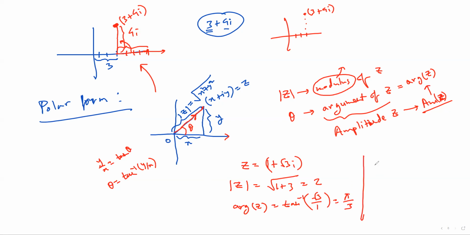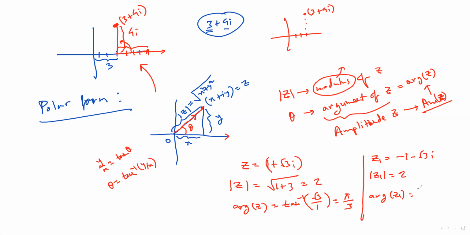But if another complex number z1 is introduced, which is, for example, minus 1 plus root 3i, then of course it has the same magnitude, I mean same modulus, but what about its argument? Or in fact, let's make it more confusing by writing a minus here.